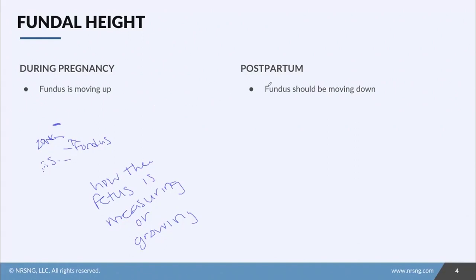Now during the postpartum, the fundus should be moving down, so it's the opposite. This is when the uterus is trying to move back into the pelvis, back into that little cavity. So we have our umbilicus here, and we want to see the fundus moving down. We want to see U-1, U-2, U-3, and so on. And remember, that's going to be with our finger breadths or the centimeters.